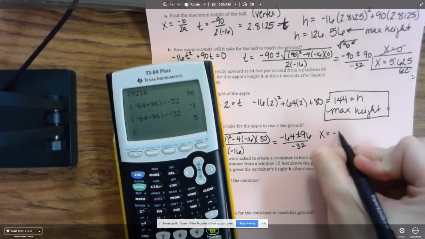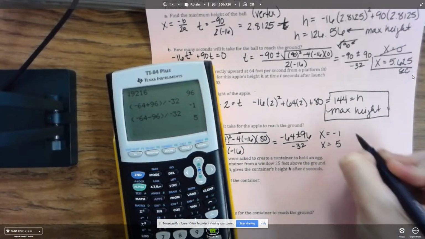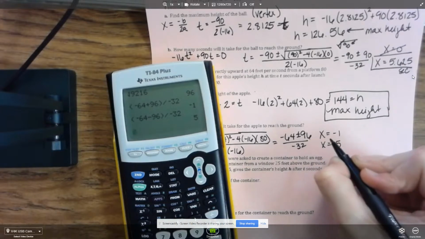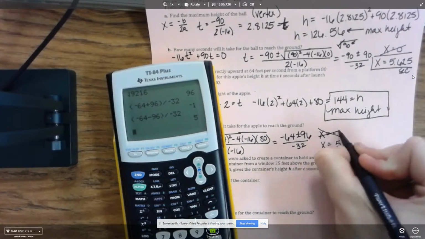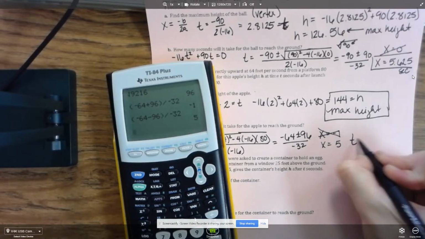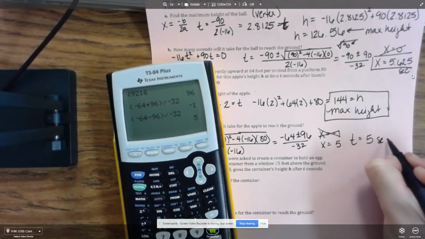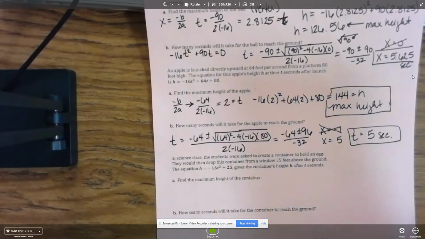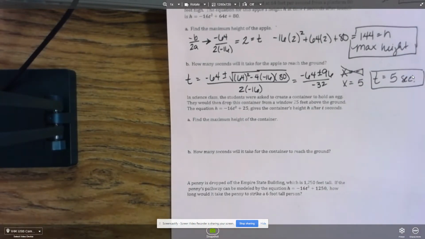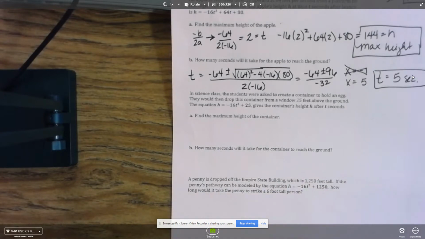So x can either equal 1 or x can equal 5. Well, we cannot have a negative number of minutes. And so there's no such thing as negative 1 second. So t is going to equal 5 seconds.